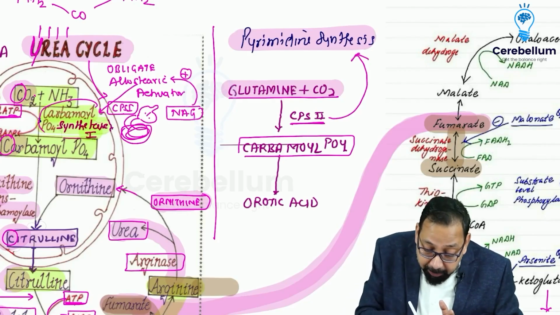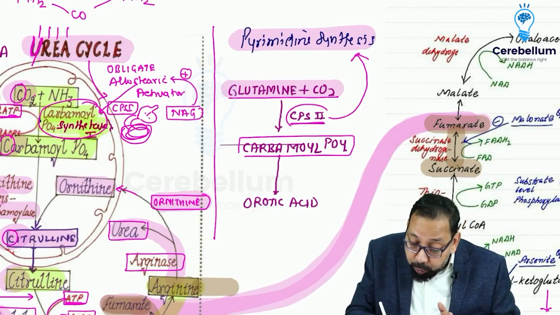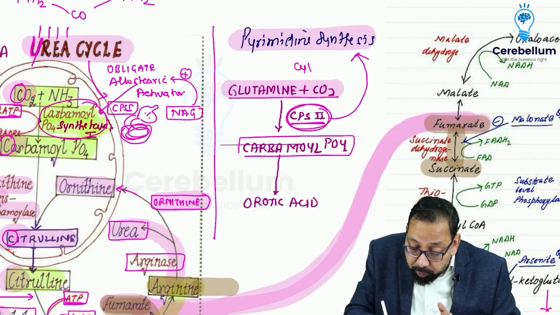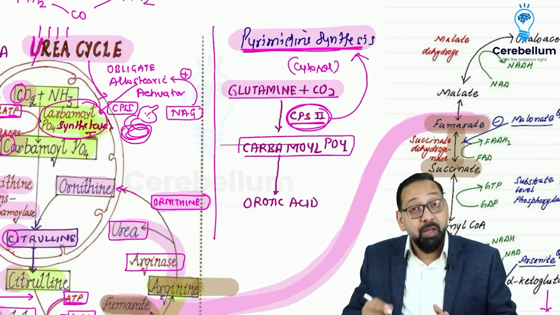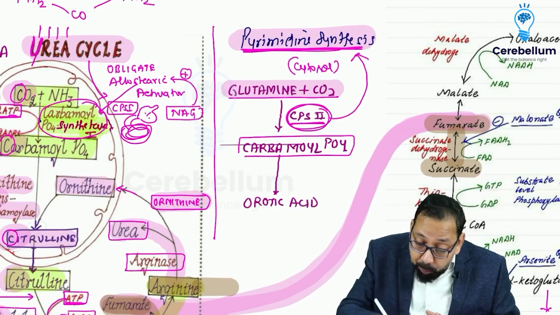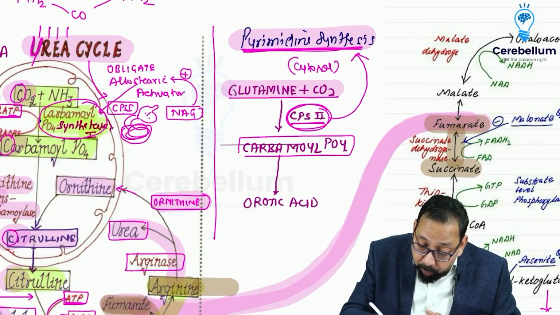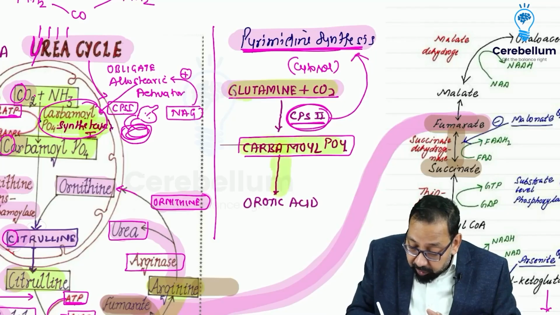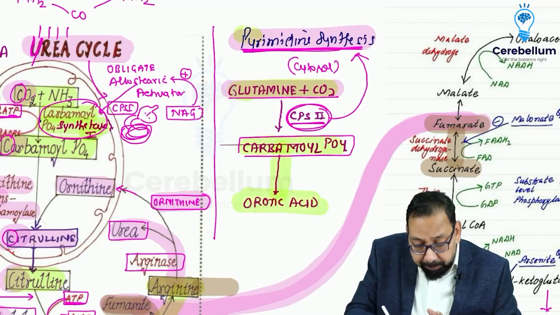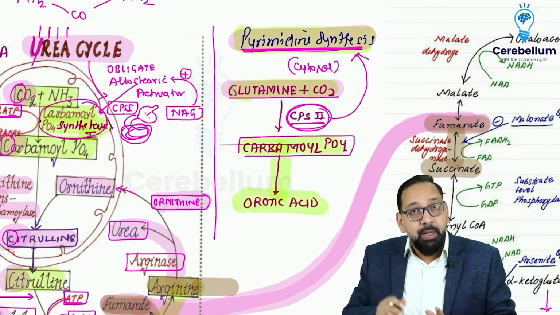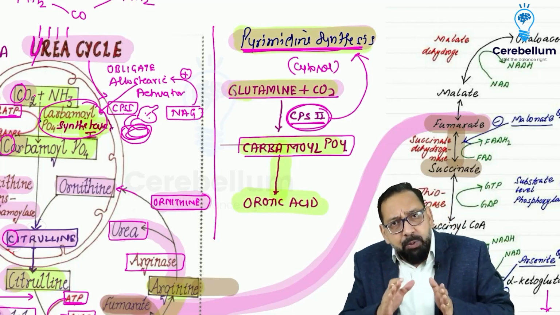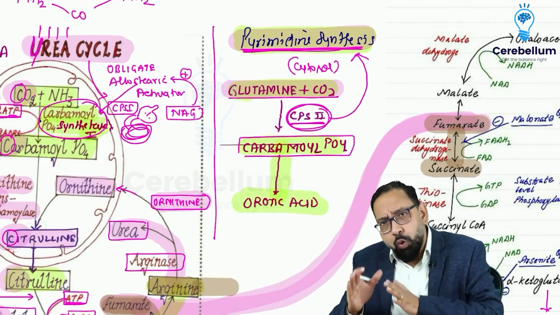CPS1 is present in mitochondria, CPS2 is present in cytosol. This carbamoyl phosphate is further converted to orotic acid. This is pyrimidine synthesis. So we know that carbamoyl phosphate can be converted to orotic acid.